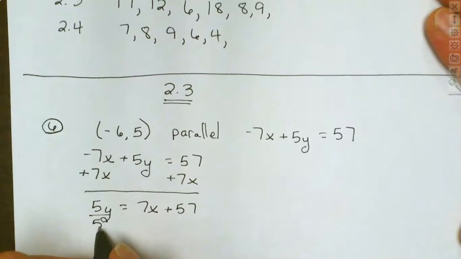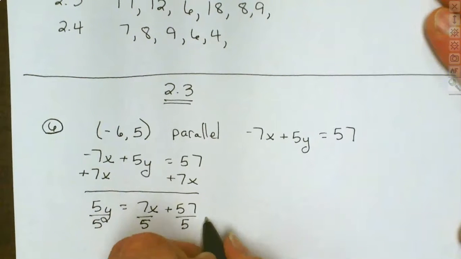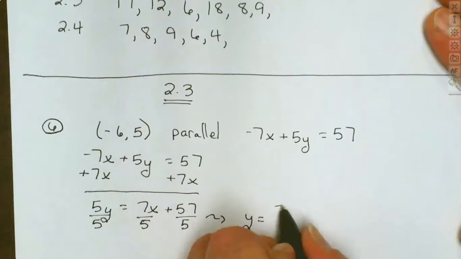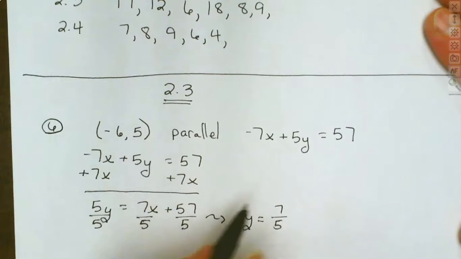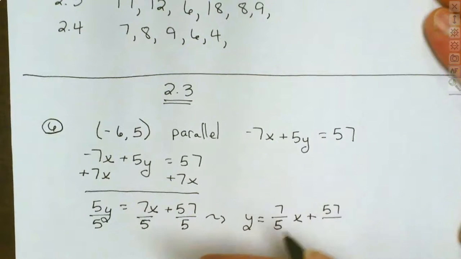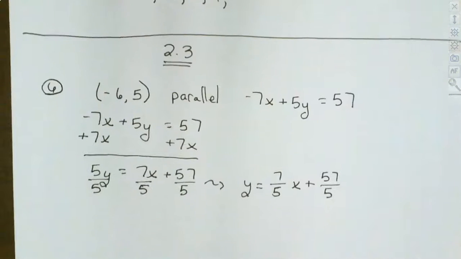And we're going to divide everything by the 5 there. And now we have it in what's called slope-intercept form. So that's our first step, is we take that provided equation and we solve it for y.